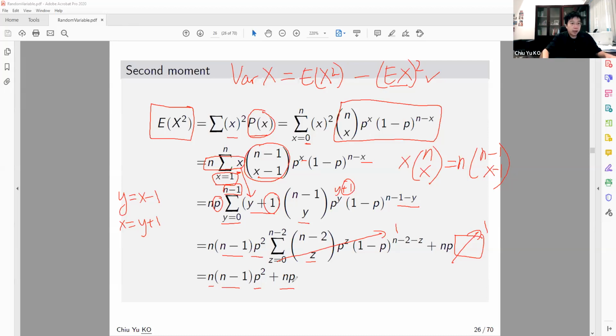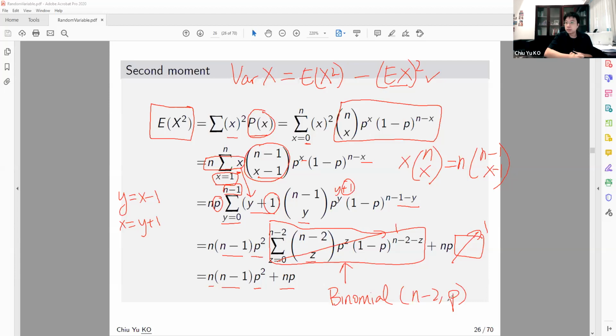Okay, is there any question for this one? Because we're just repeating the same trick. Because this guy is binomial n minus 2, p. So the sum of them is 1, so then that's much easier.